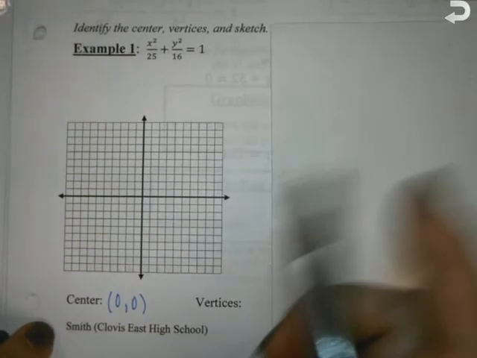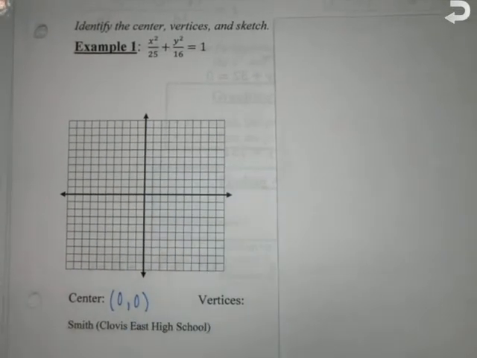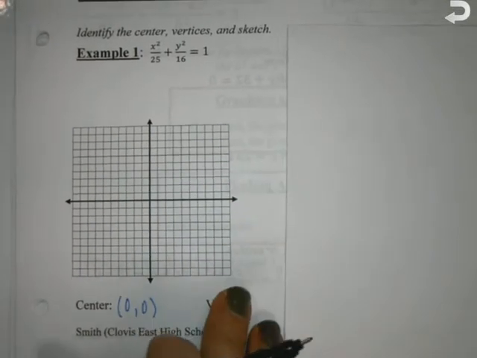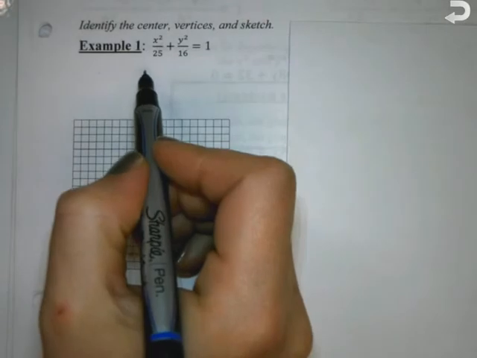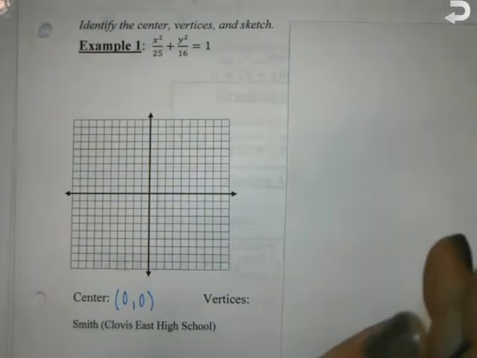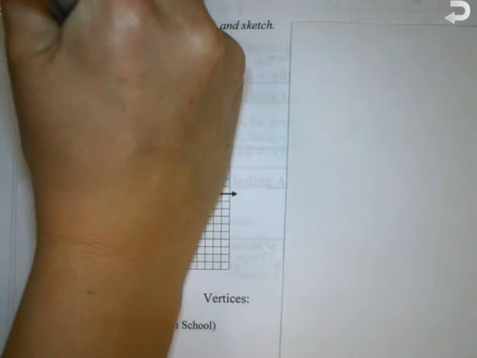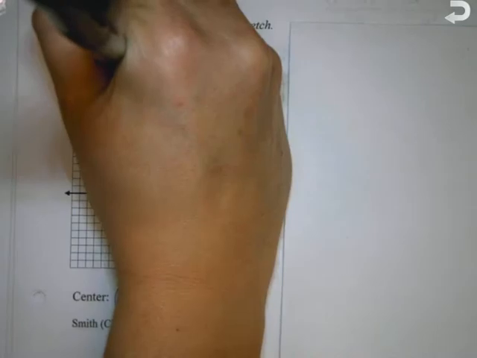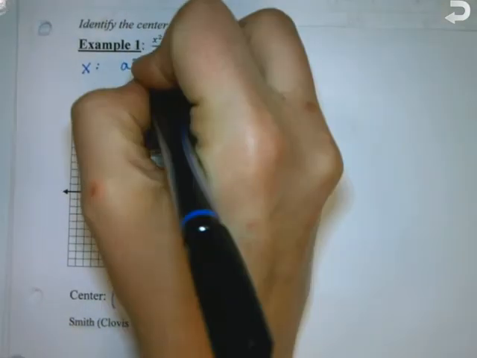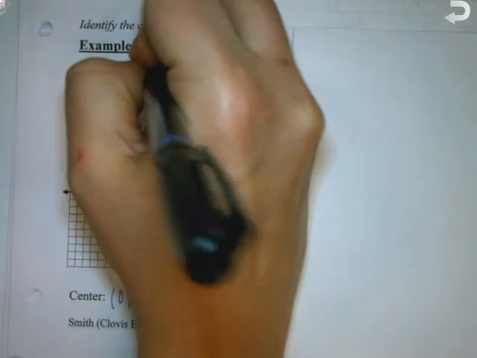So we need to find the vertices. There's going to be 2 sets of vertices for ellipses because we need the long points. So we need to find the x's and the y's. The x's are attached to the a's. So to find x, we have a squared is equal to 25. So how do I solve for a?